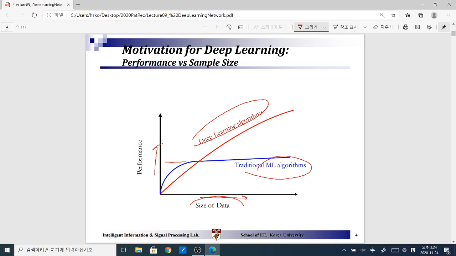So as long as we have increased amount of the data set for training, deep learning algorithm would actually continue to increase its performance.